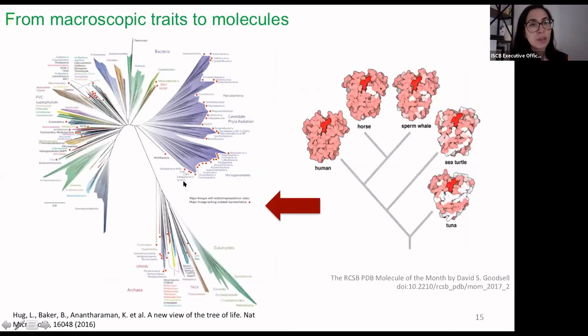So now we know that we can use molecules to trace back the history, the relationships between different organisms. Because we are not constrained anymore by morphological features, we can build a phylogeny like this one that is presented here, from a very important paper that was published in 2016, A New View of the Tree of Life.